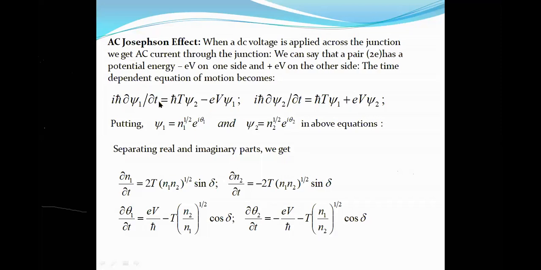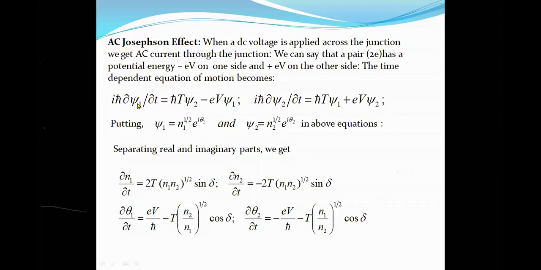Earlier we did not have a potential energy. Now there is a potential energy also, which is also playing its role in the motion of the Cooper pair. So this is a Hamiltonian operator, and then you have plus potential energy that will determine the rate of transfer or rate of leakage into the other region. Similarly here.